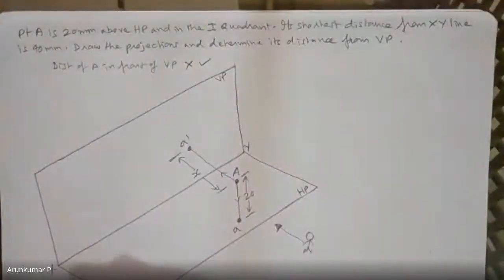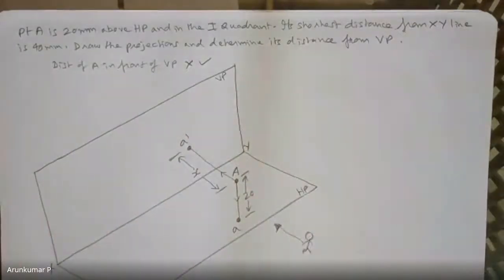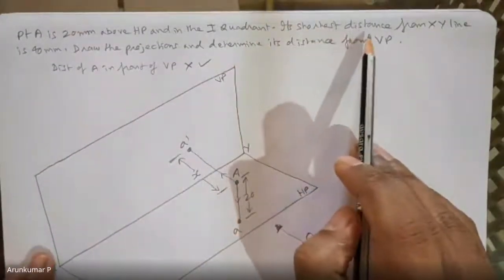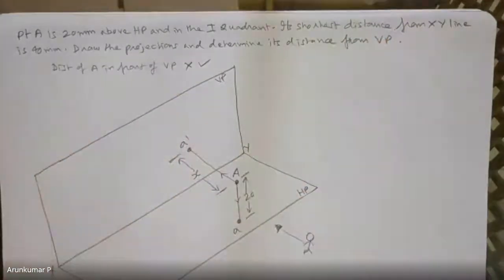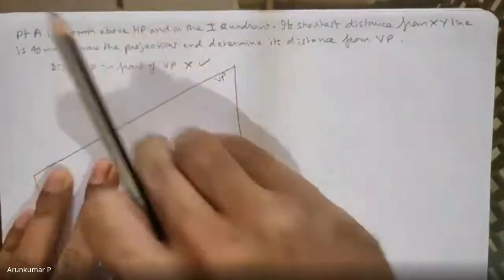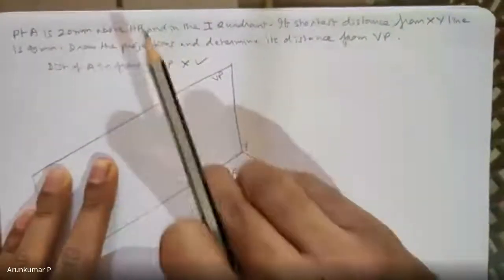Now, this shortest distance from XY line is 40 mm. What do you think this shortest distance is? Just draw it slightly away.